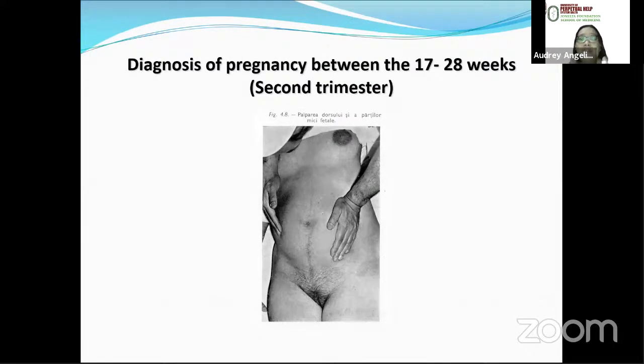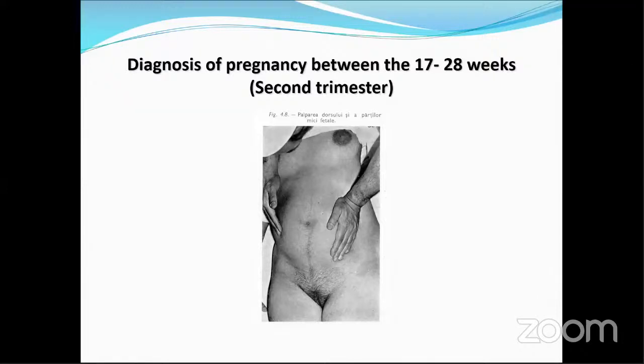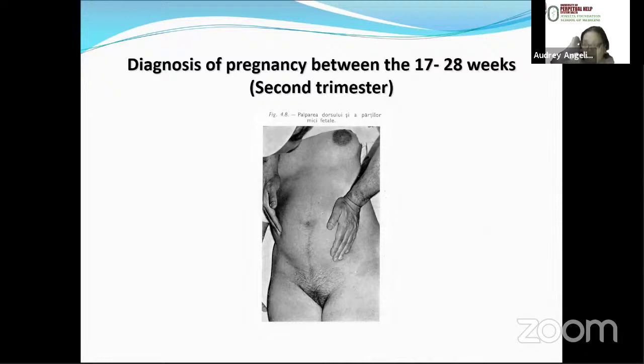Why is it important to determine? Because you will find the heart tones on what side? On the back of the fetus. That's correct. You will find the fetal heart tones on the side of the fetal back.